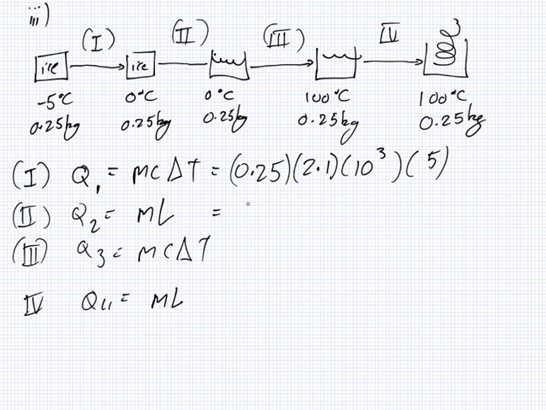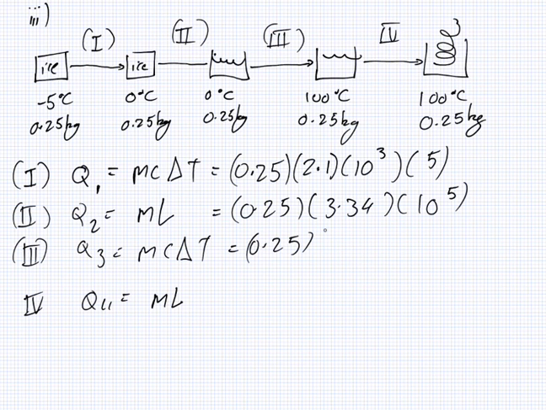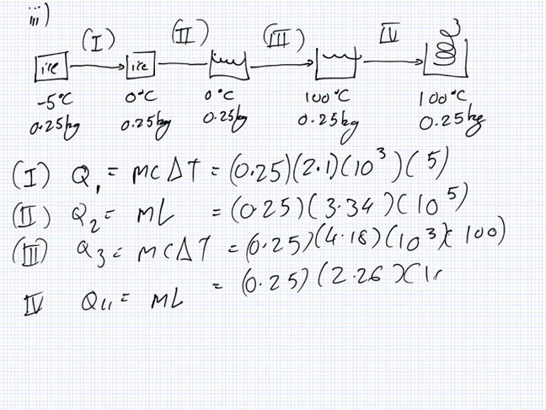Then for the second one the M is 0.25 and the latent heat of fusion is 3.34 times 10 to the 5, and then here it's 0.25, the specific heat capacity of water is 4.18 times 10 to the 3, and then the temperature change is 100, and then finally 0.25, and then vaporization is 2.26 times 10 to the 6.